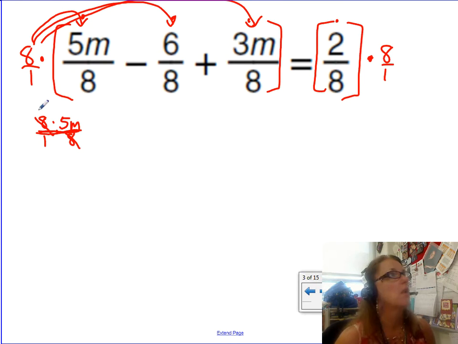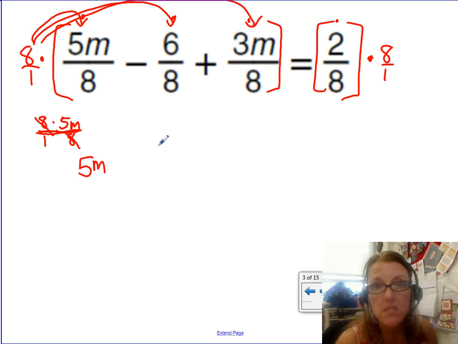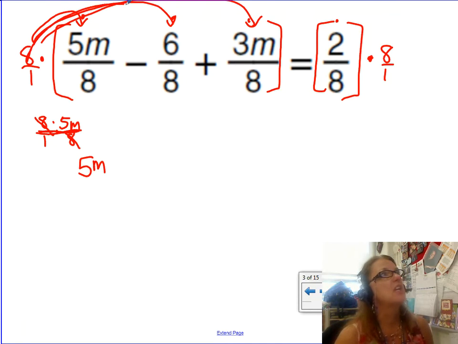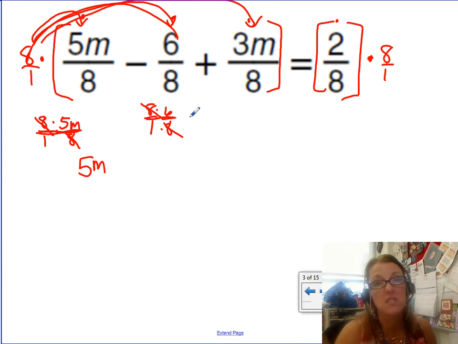Holy mackerel. This now just becomes 5m. What? Yes. When you distribute 8 to this minus 6/8, you're multiplying 8 over 1 times 6 over 8. It's one giant fraction, and the 8's cancel. They divide to be 1, and you just have 6.